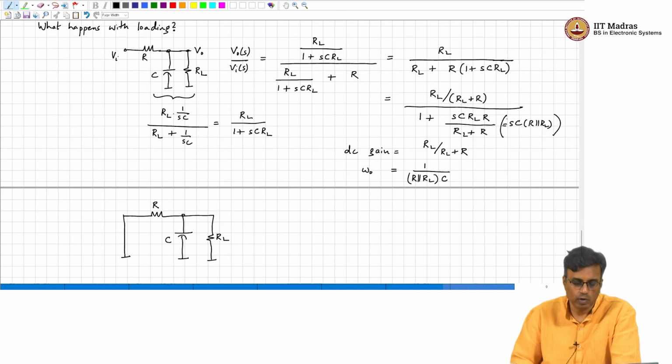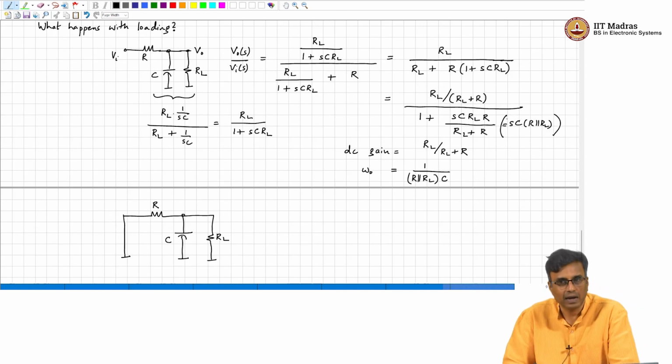And so, when you look at this, R and RL appear in parallel.